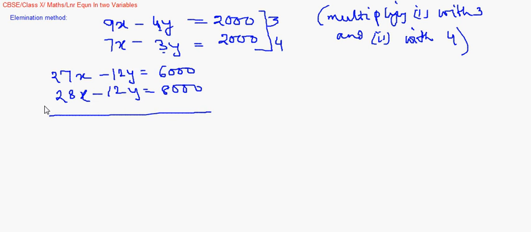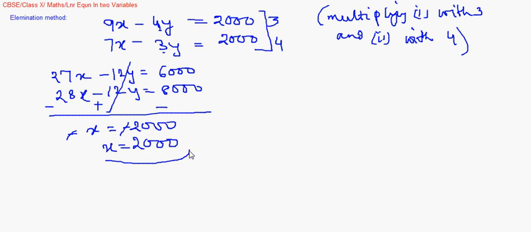If you change the signs, the y terms get cancelled. This gives us minus x equals minus 2000, that's x is equal to 2000. Now, because we got x as 2000, we will substitute this x in either the first or the second equation to calculate y. This is why, since we eliminated the variable y, it's called the elimination method.